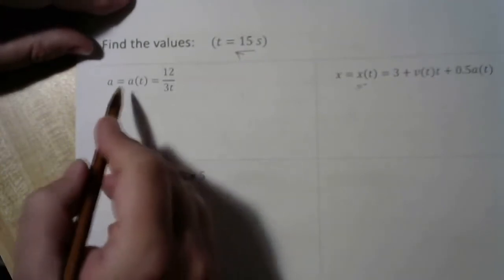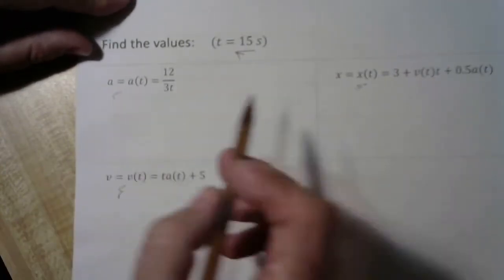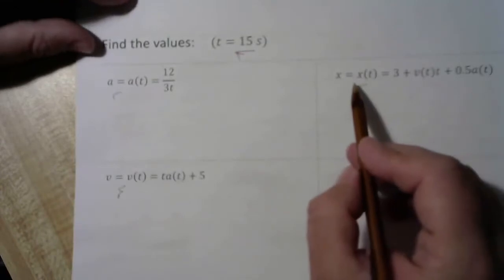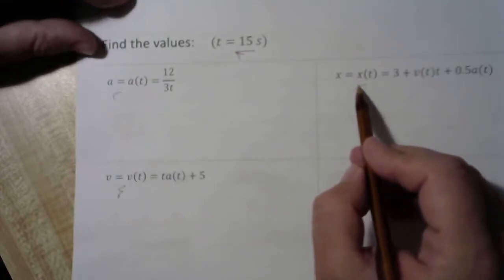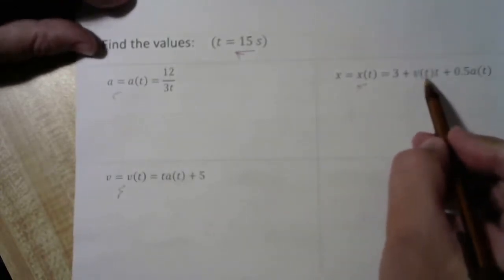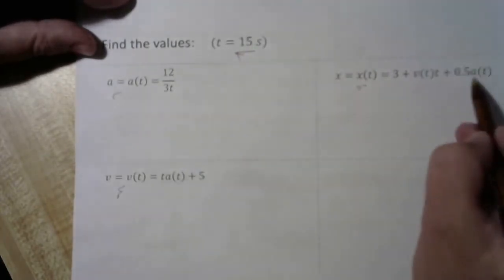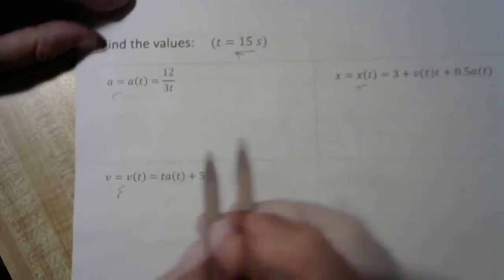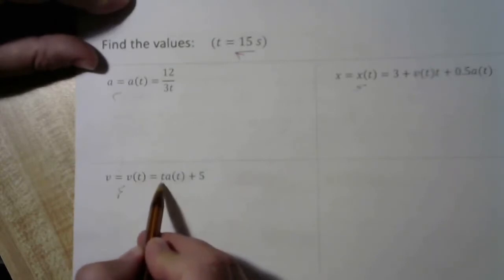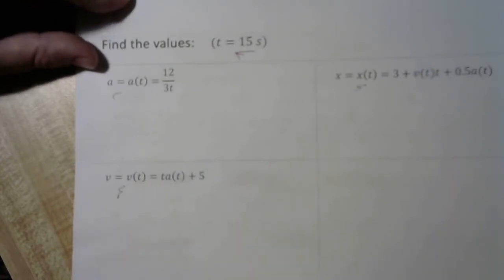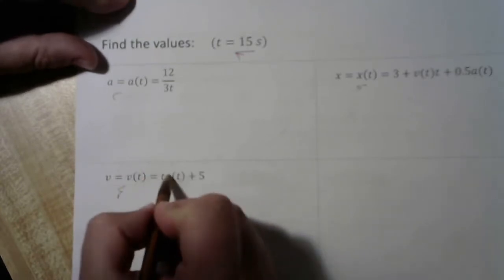I can compute directly the acceleration. If I need to compute the position, I need to find v of t and multiply it by t. I know t is 15. I also need the acceleration here. I don't know the acceleration. I don't know v. I thought this was a typo.